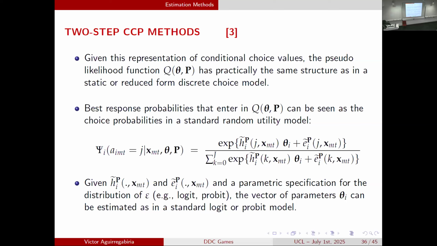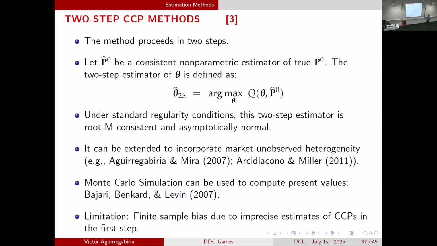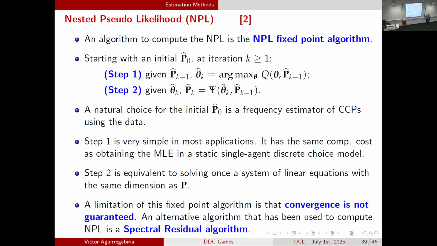Until theta doesn't change. If we have convergence in theta, we have convergence in P, which means that at the end of this iterative procedure the equilibrium conditions hold: the new vector of choice probabilities is the same as the beliefs that we used to construct it.